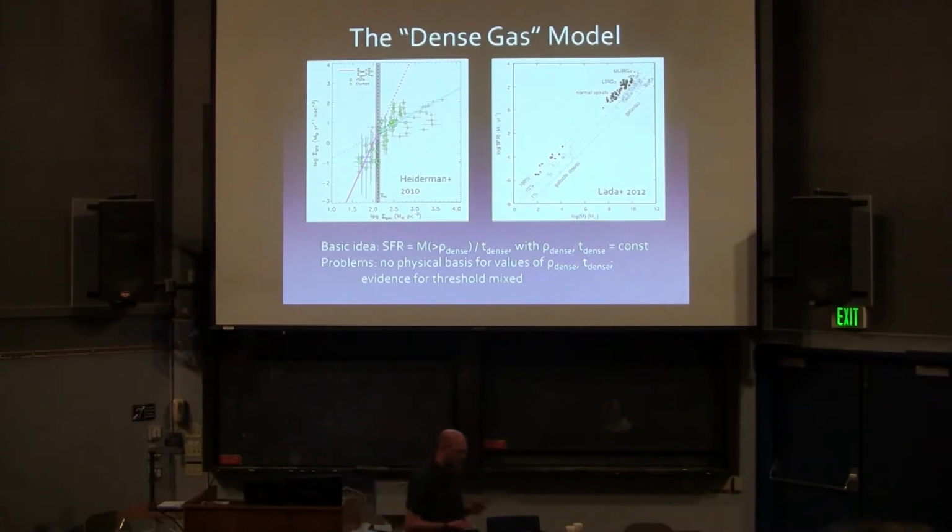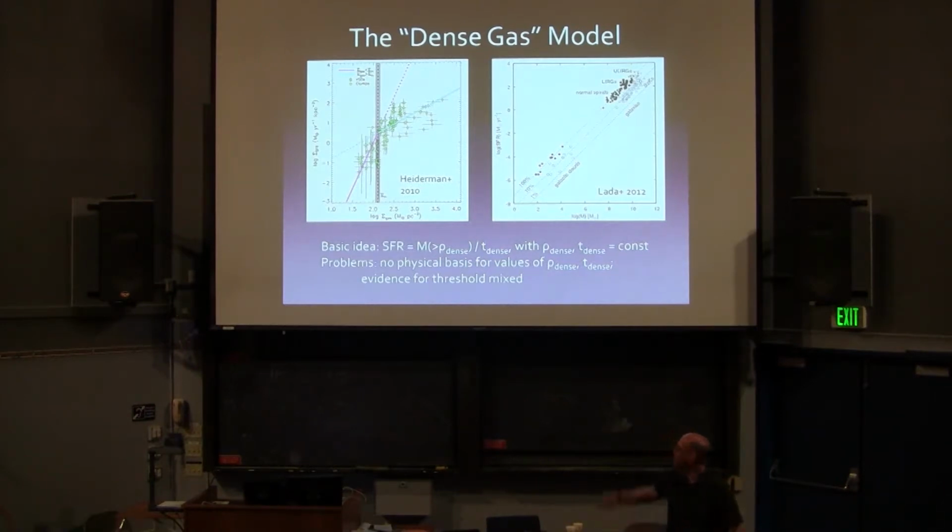What I mean by this is, we saw earlier this correlation between the HCN luminosity and the star formation rate, and it's a very nice linear correlation over many orders of magnitude. So the idea is, maybe what really matters is the amount of gas that's at densities above some threshold, high enough that it can be emitting in, say, HCN.